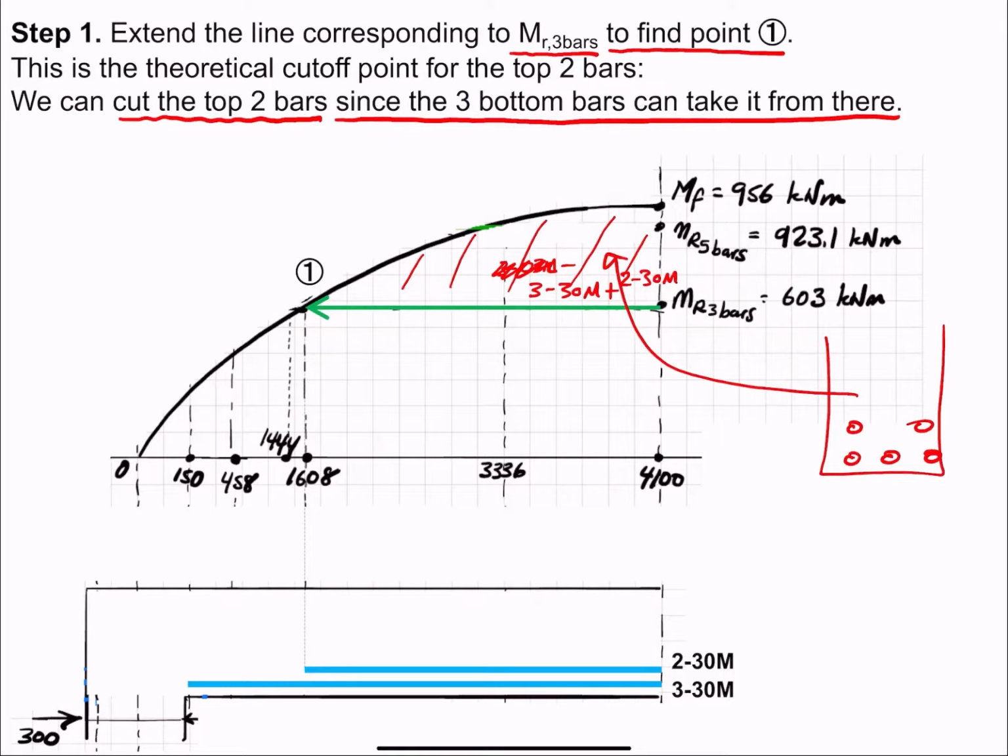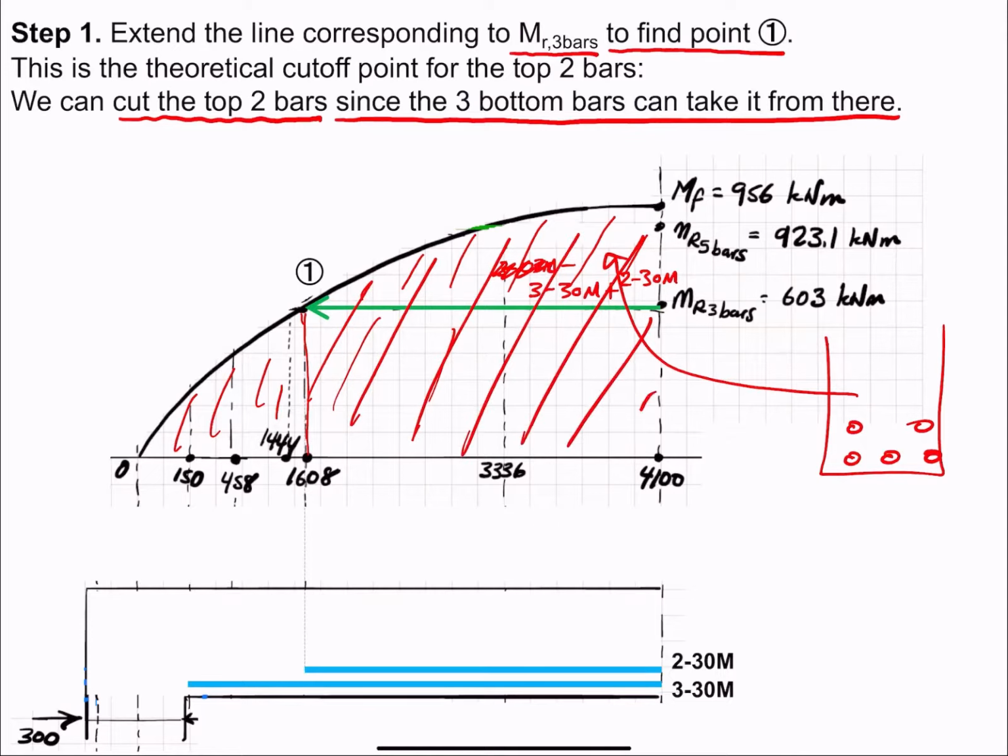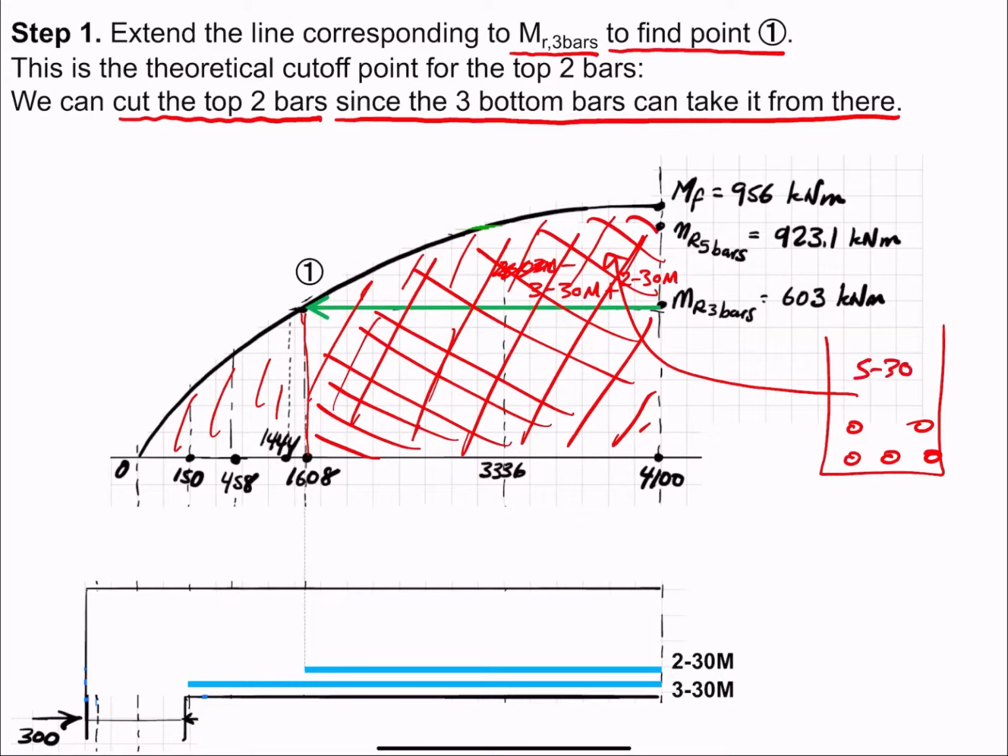But after that point, for all this shaded region, you need 5 30s. But for this region over here, you need only the bottom 3, so the 3 30s.